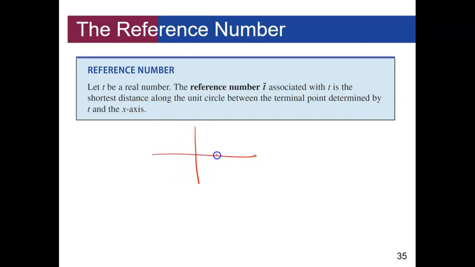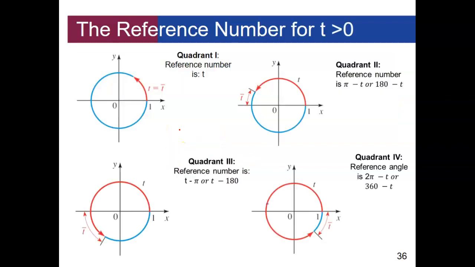So here's my x-axis, and let's say this is my t. The reference number is the shortest distance along the unit circle, this distance here between the terminal point and the x-axis. So you're always measuring it from the x-axis, basically.